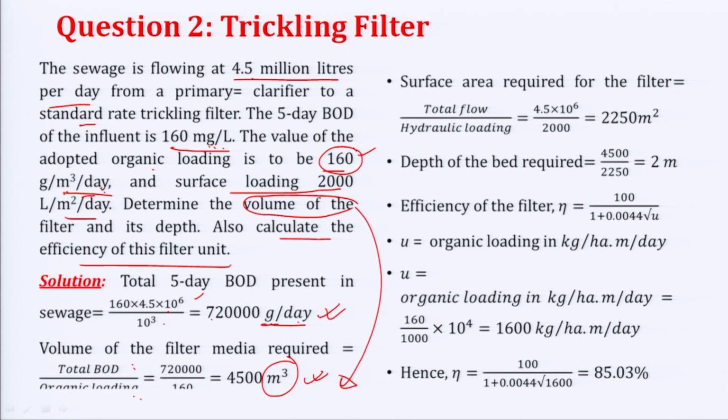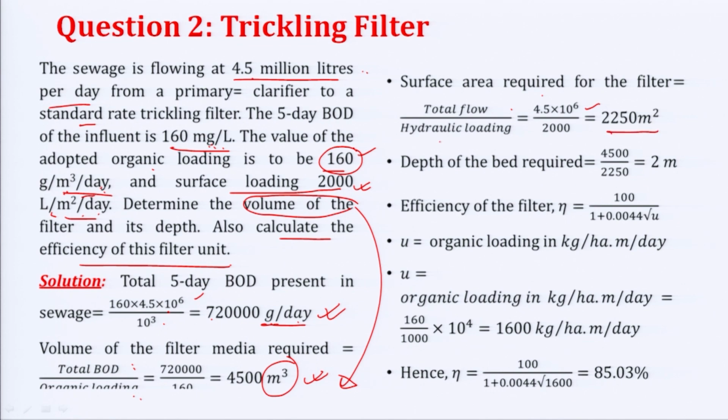Now, once you have the volume, you can easily calculate the surface area. The surface area required for the filter is total flow divided by the hydraulic loading, the surface loading. Total flow is 4.5 million liters, divided by the surface loading or hydraulic loading, which is 2000 liters per meter square per day. Here again, million liters and liters per day, so you get meter square.